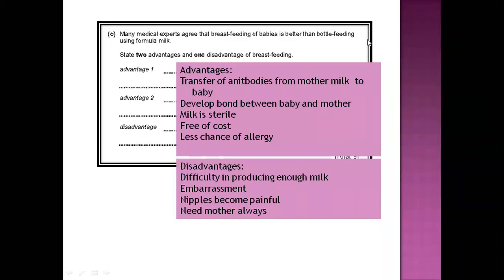Yes. I told you, if a mother has a certain disease like HIV, that can pass through milk to the baby also. Okay, this is another point. Thank you so much.